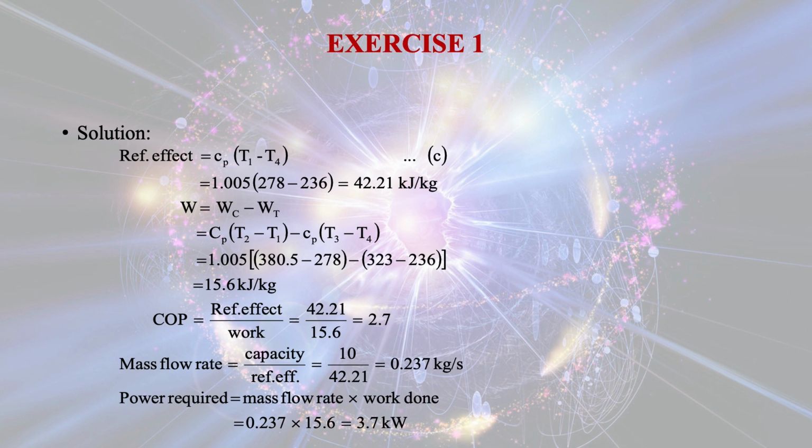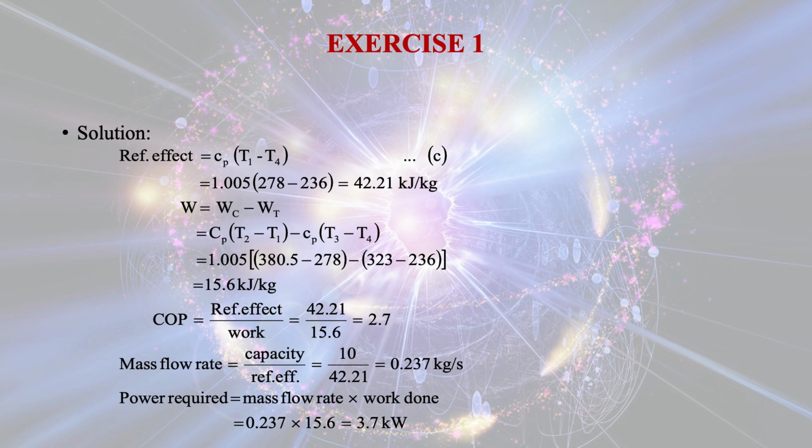The net work W is equal to Wc minus Wt required for running the compressor, that is equal to Cp multiplied by T2 minus T1 minus Cp multiplied by T3 minus T4.